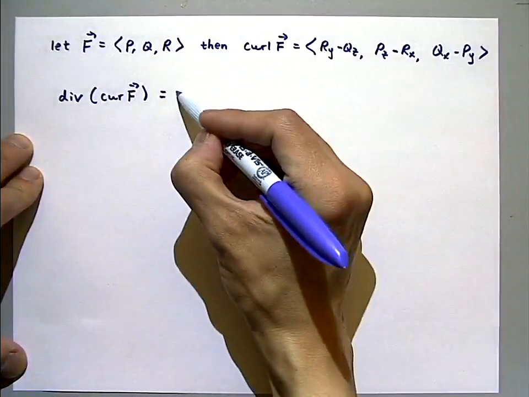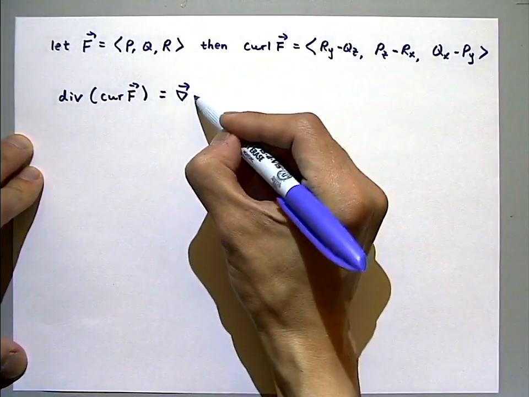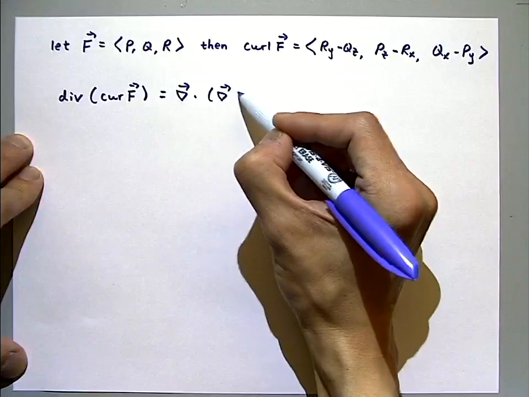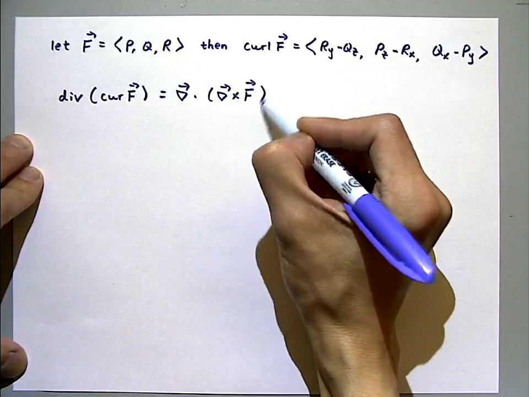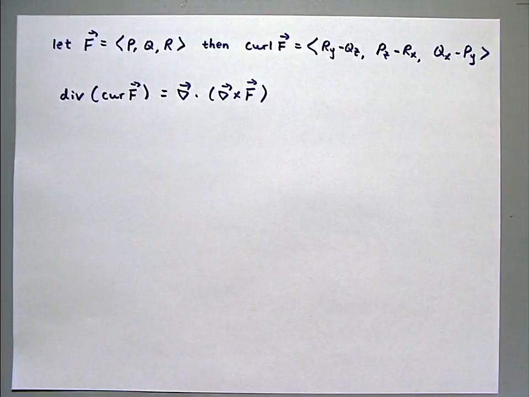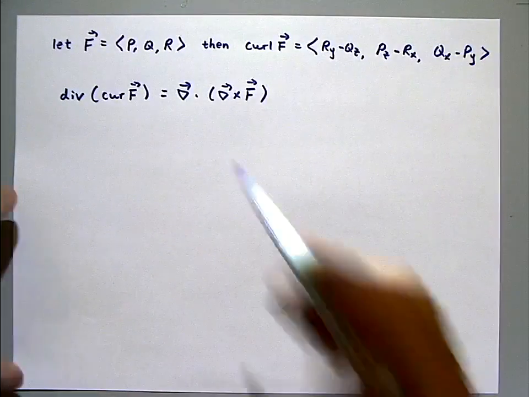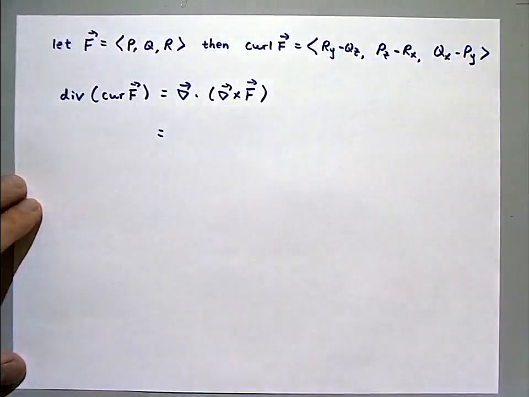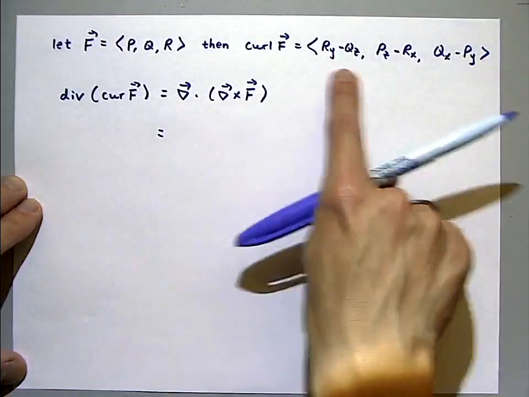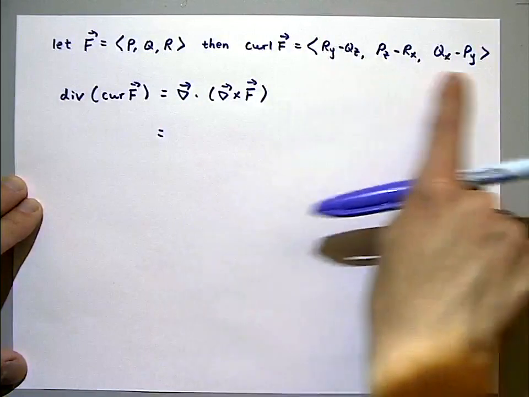So this means we're going to do a del dotted with the quantity del cross F. We're going to take the divergence of this stuff.